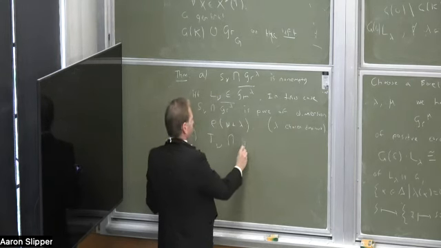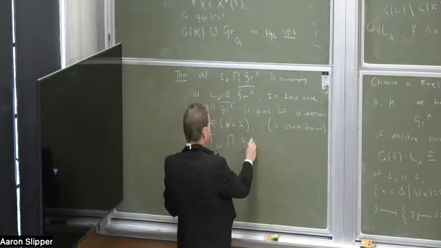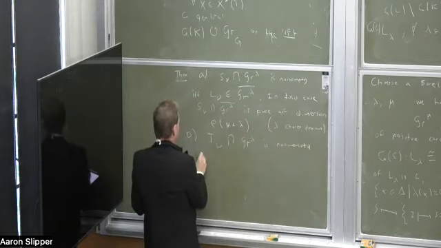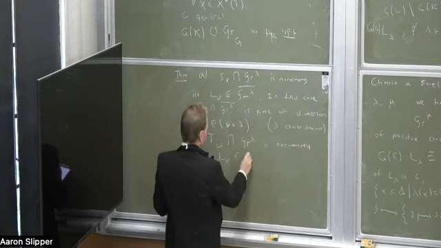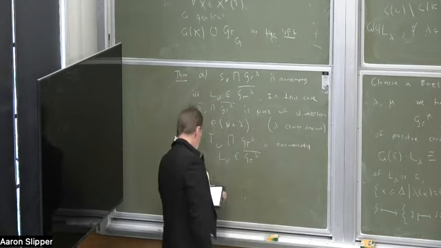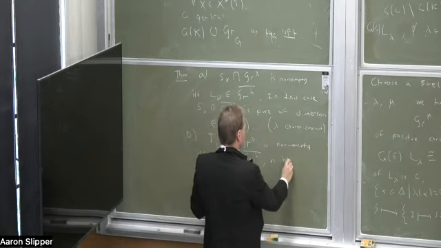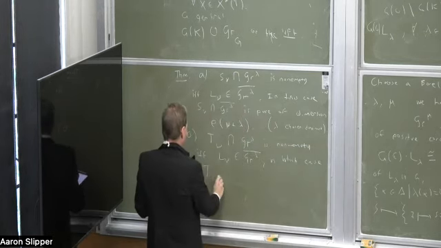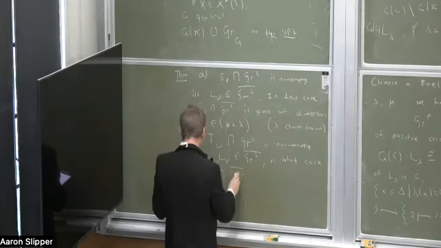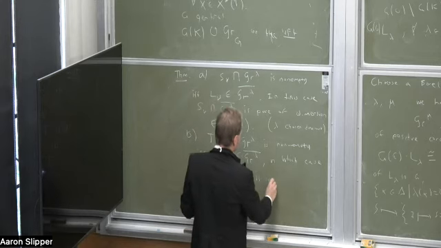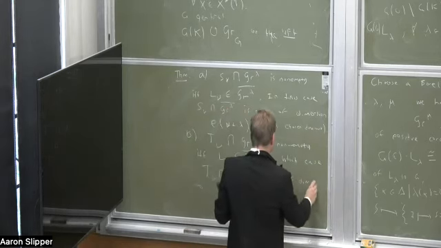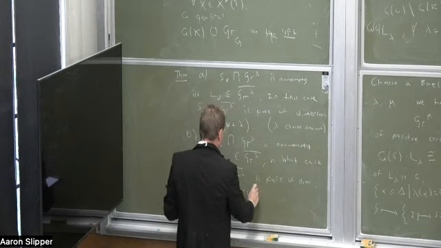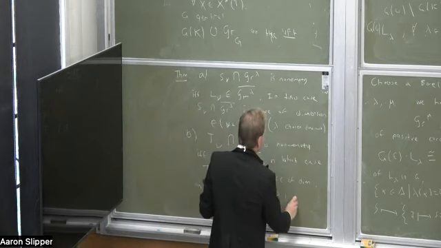T nu intersection GR lambda is not empty if and only if L nu is in GR lambda bar, in which case T nu intersection GR lambda bar is pure of dimension minus rho nu plus lambda, where lambda is chosen anti-dominant.